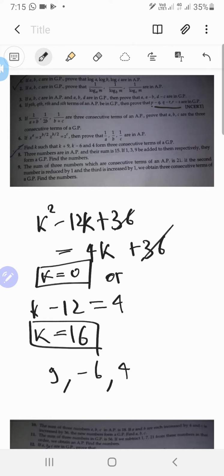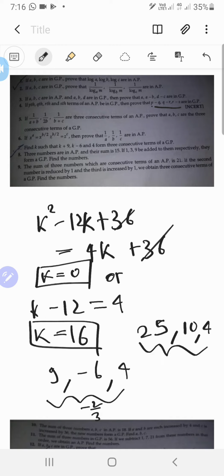Or when you put k equal to 16 in this, you get 25, 10 and 4. So here the ratio is minus 2 by 3, and here the ratio is positive 2 by 5. Okay, cool. So these are the two values of k.